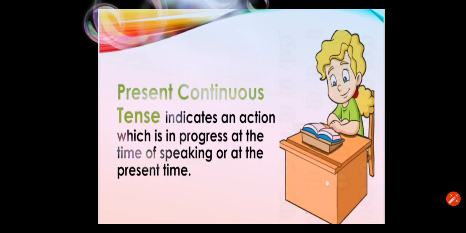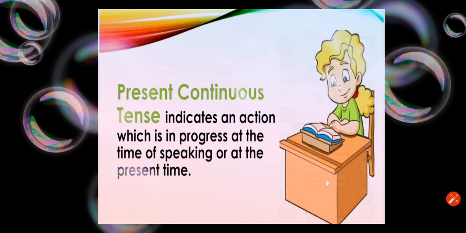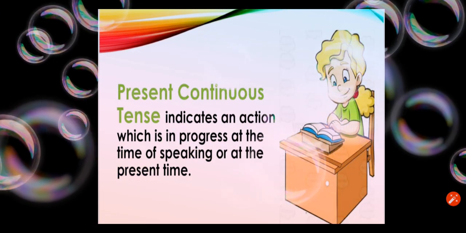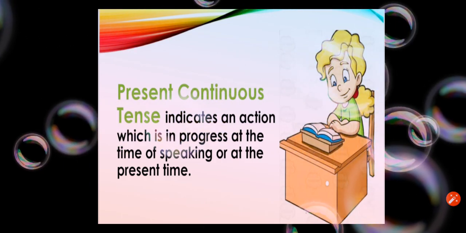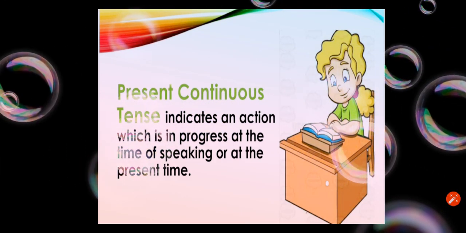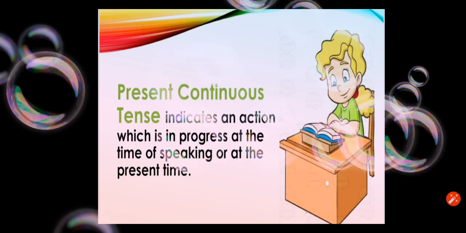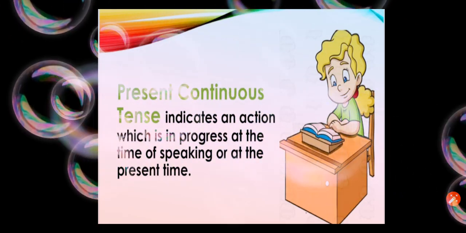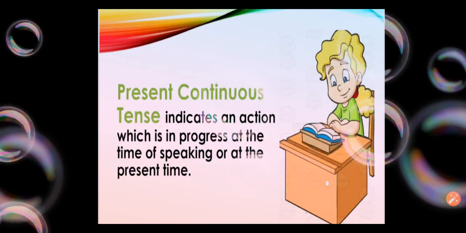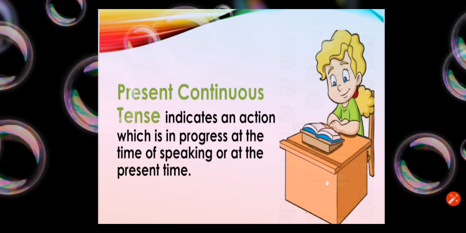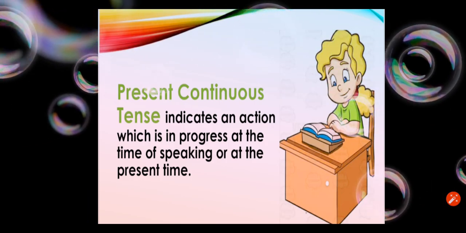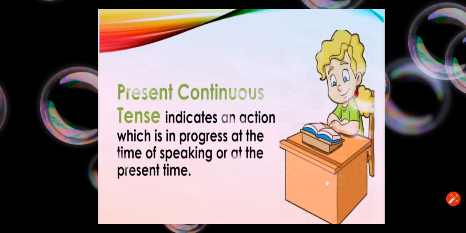Present continuous tense indicates an action which is in progress at the time of speaking or at the present time. For example, I am speaking and you are watching this video. Here, both the actions are in progress. So here we can use present continuous tense. I hope it is clear to you.